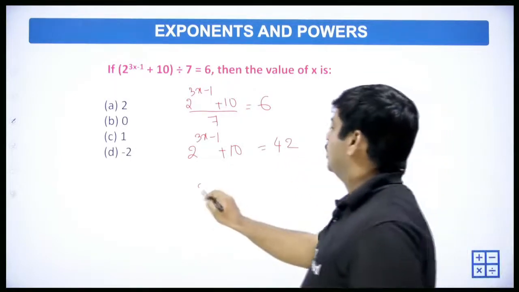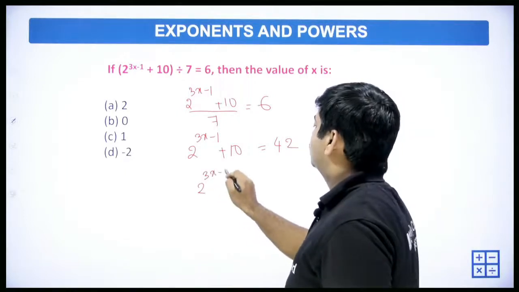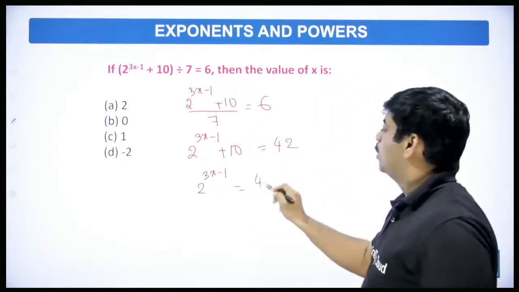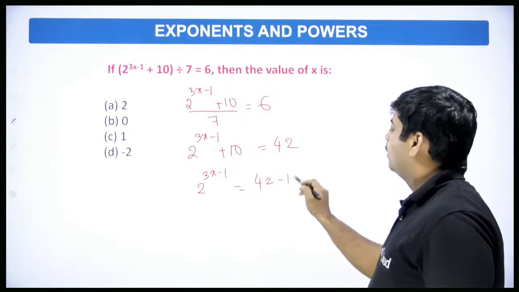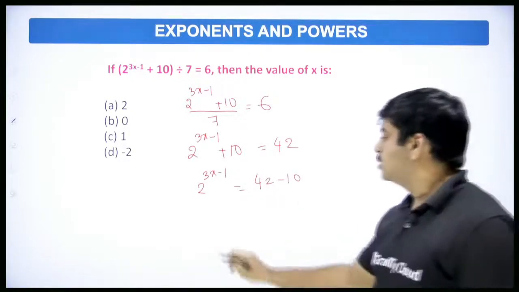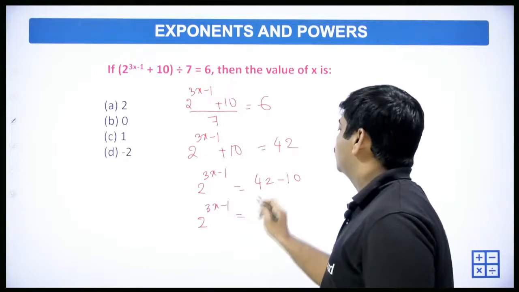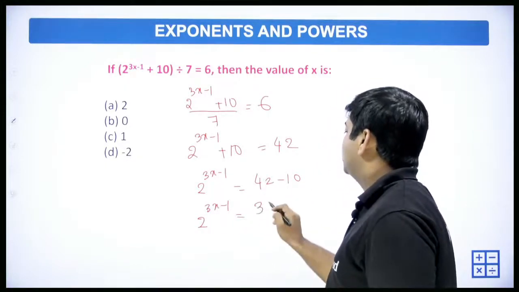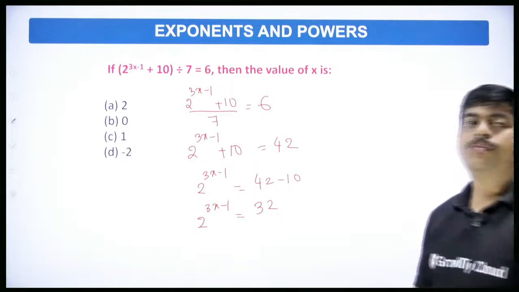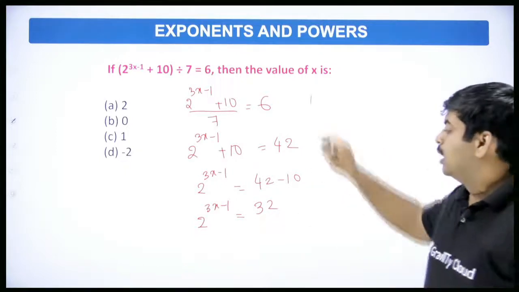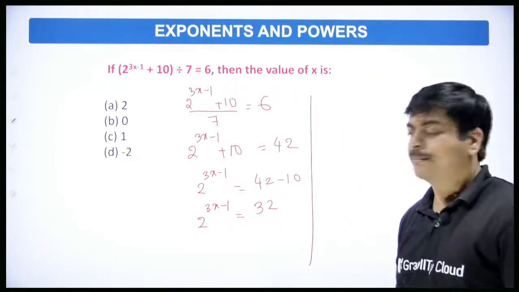So 2 power 3x minus 1 is equal to 42 minus 10, which is 32. Now 32 we can write as 2 power 5.